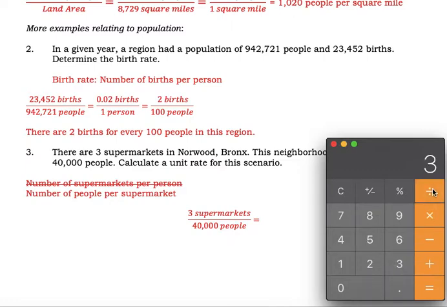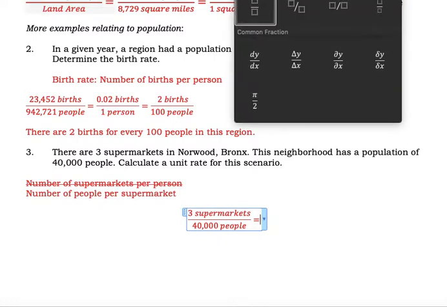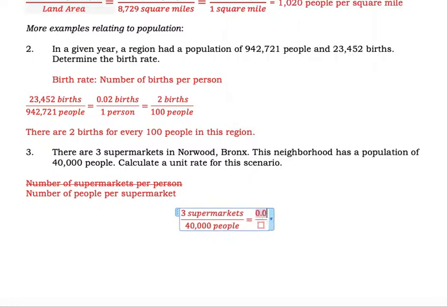The first issue is that I'm going to have a really small decimal because I'm dividing a really small number by a really big number. So I have 0.000075 supermarkets for 1 person.